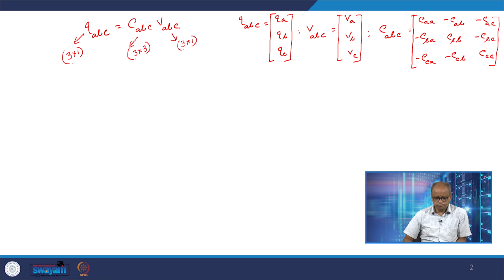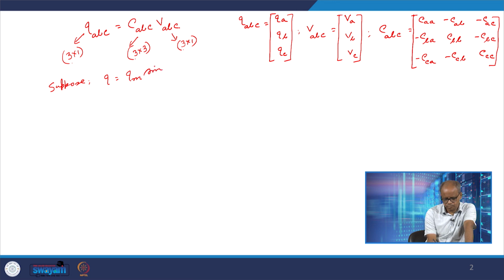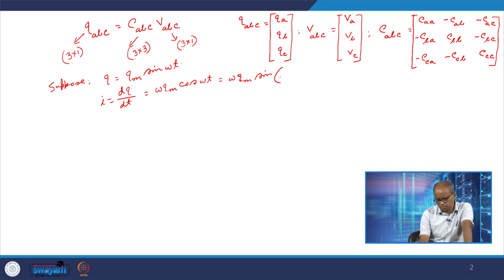Now suppose that Q is equal to, say, Qm sin omega t. We are talking about sinusoidal. Then I is equal to dq dt, which is omega Qm cosine of omega t, that is, omega Qm sine of omega t plus pi by 2.